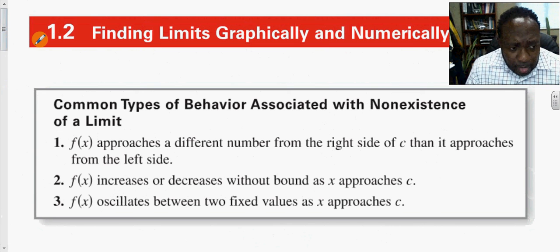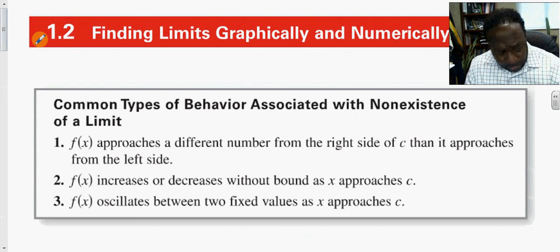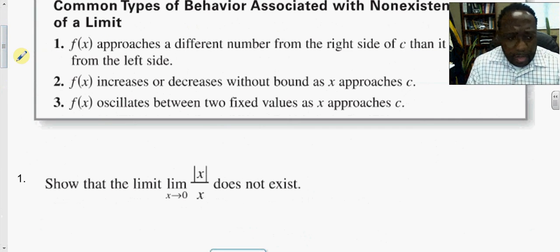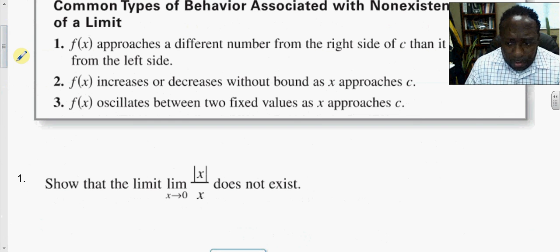Secondly, f of x increases or decreases without bound as x approaches a common number c. And thirdly, the function is said to oscillate between two fixed values as x approaches some fixed value of c.